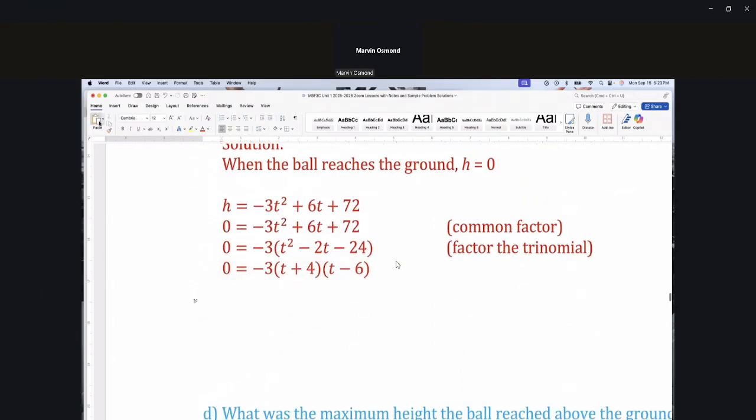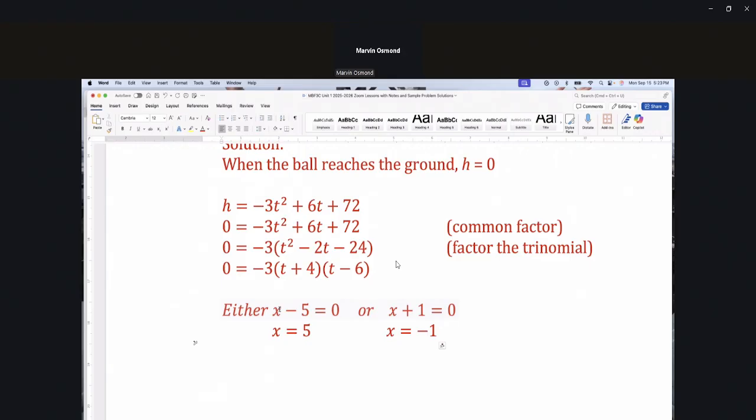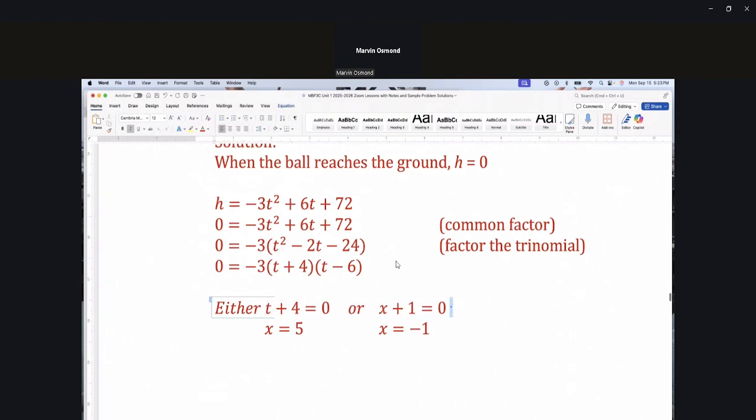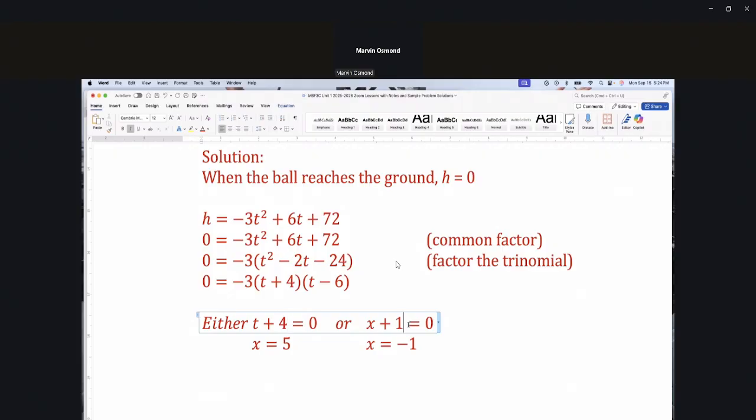So I'm just going to copy that. In this case, we're not dealing with x's, we're dealing with h. So t plus 4 is equal to 0, or t minus 6 is equal to 0.